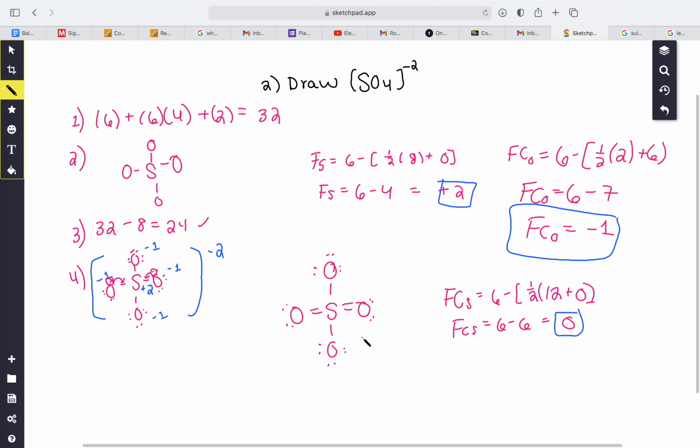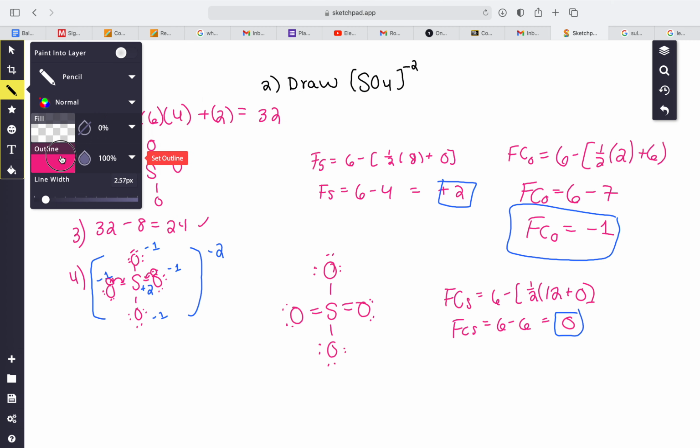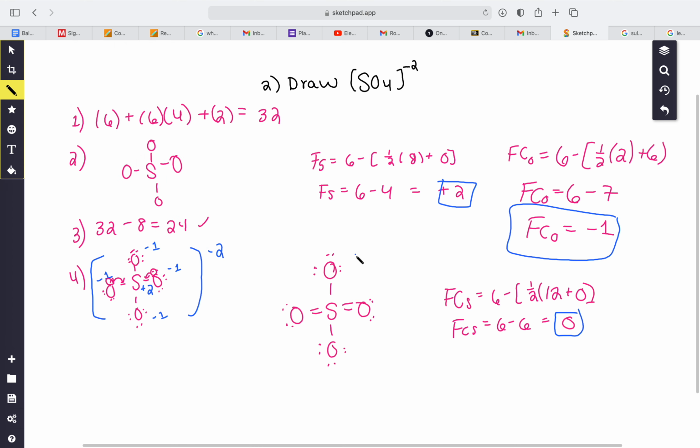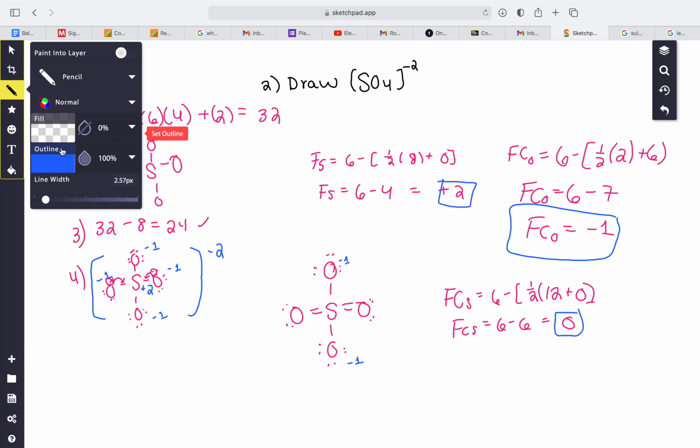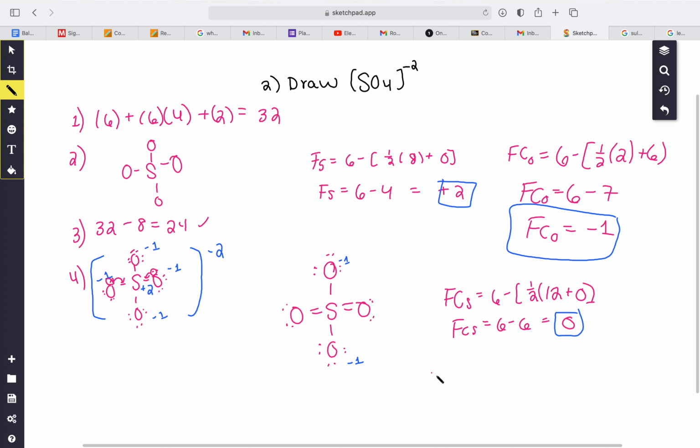Now let's check and make sure we did the rest of them right. We know from the last problem that the formal charge of an oxygen that has a single bond and 6 valence electrons is going to be -1. So we can write these ones as -1. Let's check the formal charge of the other ones to make sure we did this right. Formal charge of the oxygen that's double bonded. I'm just going to put a double bond there so that I know what I'm talking about.